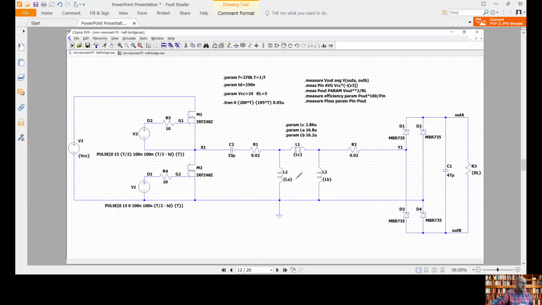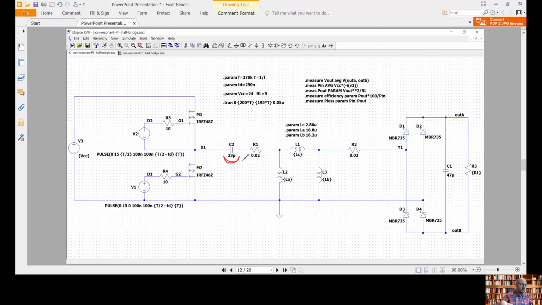Now, in order to check our design, we have performed this simulation in LTspice. As you can see, we are implementing here our IPT system using the pi-type equivalent circuit. Note that this capacitor here is a DC blocking capacitor, it is not a resonant capacitor, it's 33 microfarads.